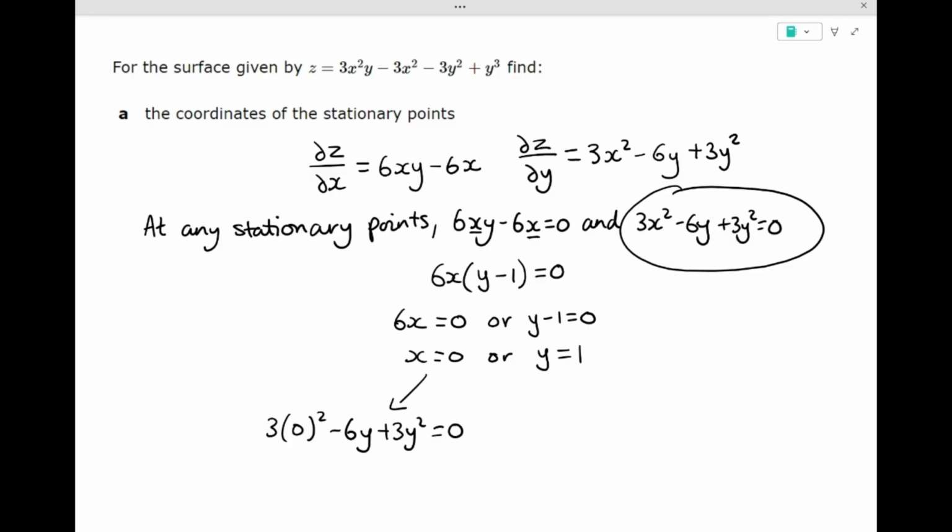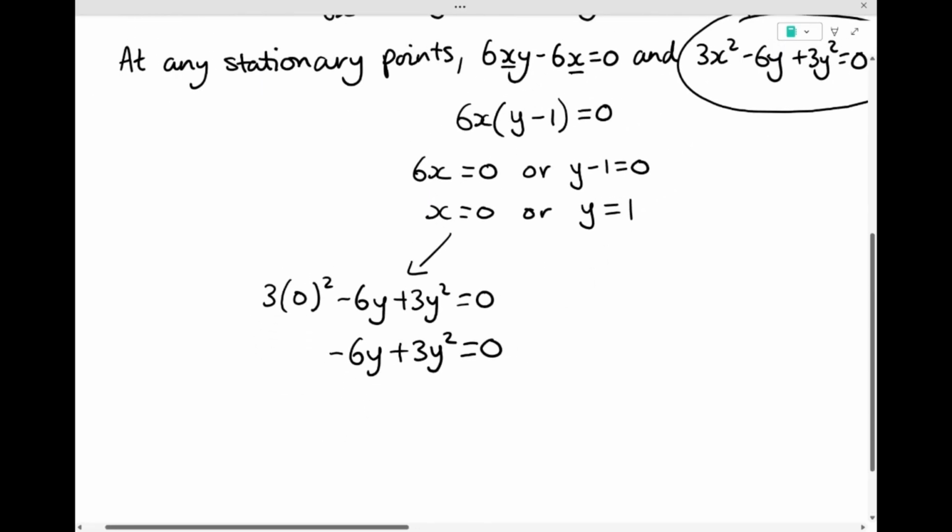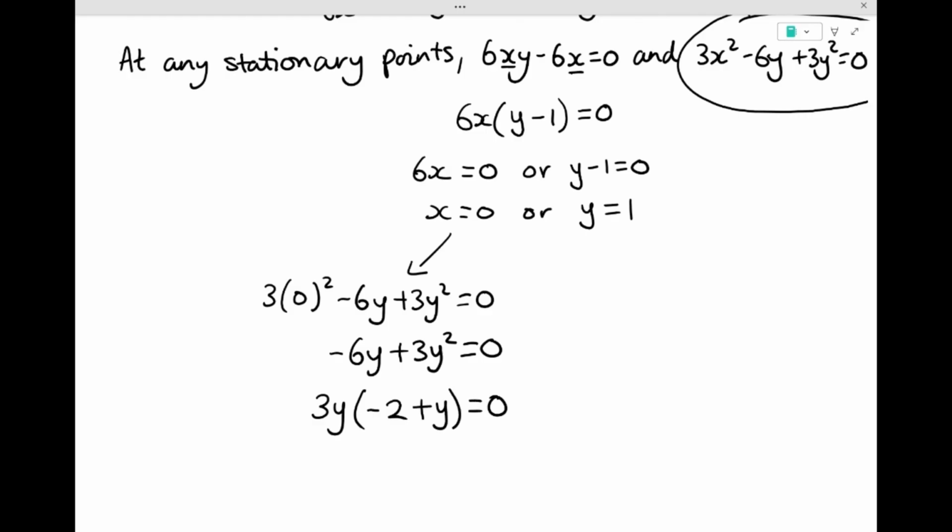Now let's simplify. This first term is just going to be 0, so we can ignore that. So it's going to be negative 6y plus 3y squared is equal to 0. Then we have a quadratic to solve, which is a single variable one, and there is a common factor, because I'm going to factorize out 3y. So I would get 3y times negative 2 plus y is equal to 0.